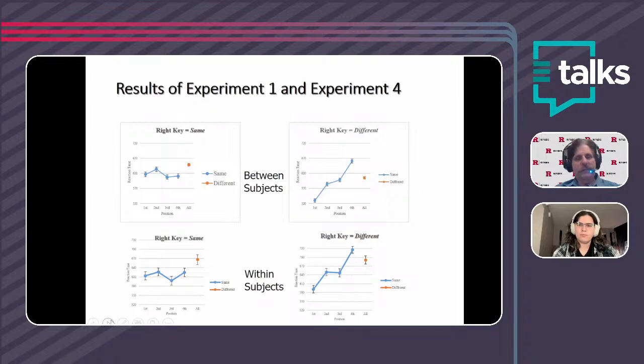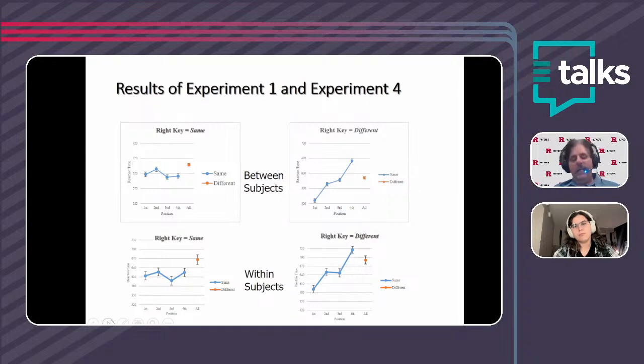However, when the right key was assigned the same response, if you look on the left, it's clear that that's not happening at all. The test consonant is not being compared to the study sequence at all. In fact, the way responses are being made is that the test consonant is perceived, this is a perceptual effect, not involving comparison with what's in memory at all.